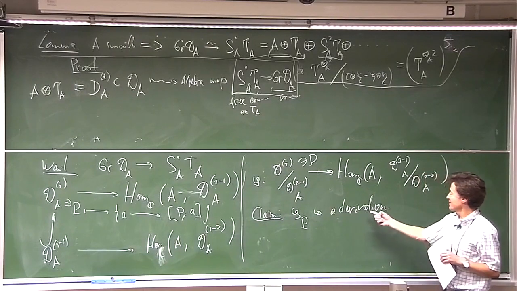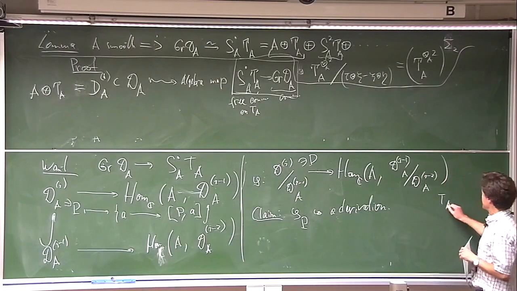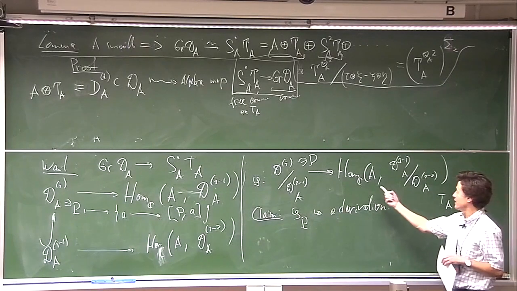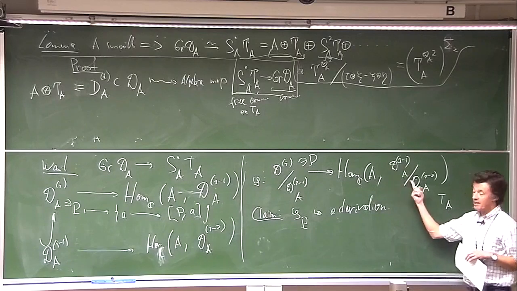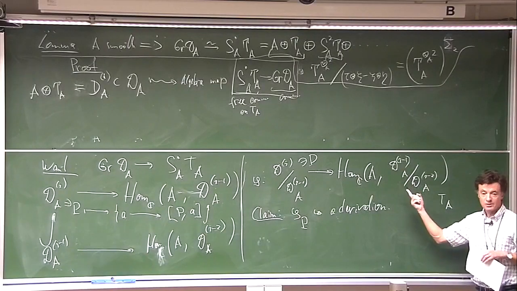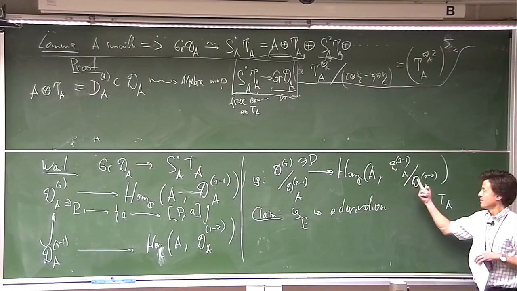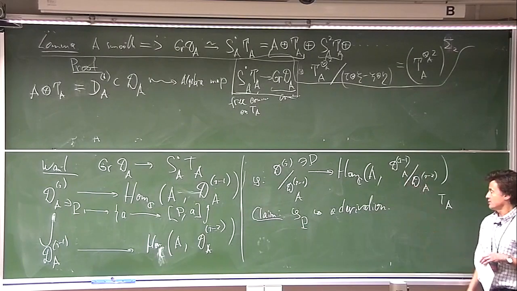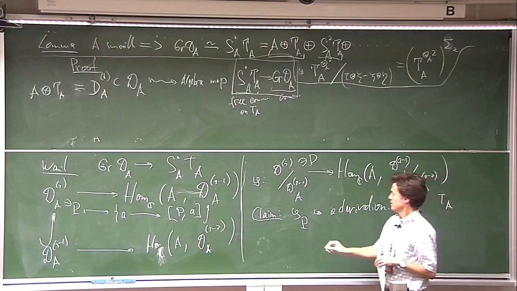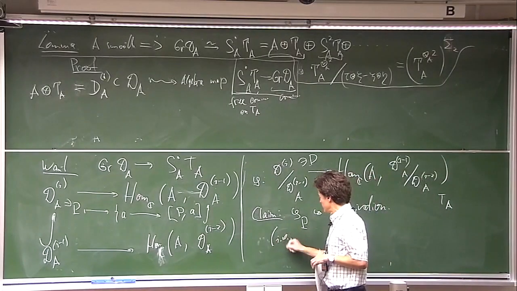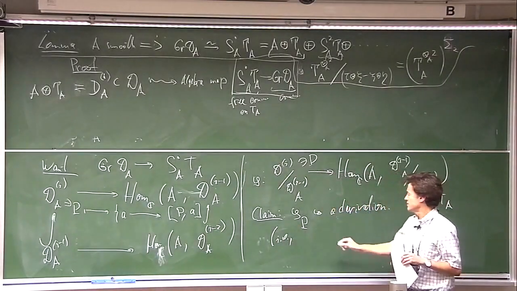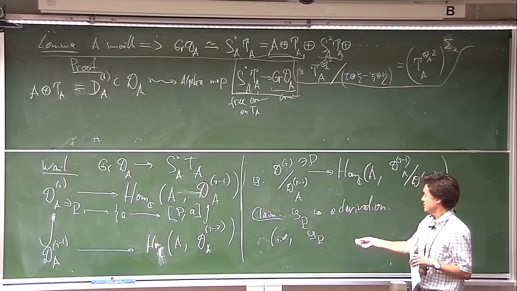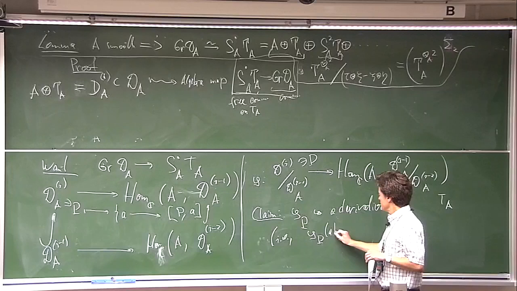This is not a derivation in the sense that TA is a space of derivations. It's not a map from A to A. It's a map from A to an A-module. But there is a generalization of the notion of derivation from an algebra to a module of this algebra. And a formal definition is indistinguishable from the usual one on the face of it. It's just that the meaning is slightly different.